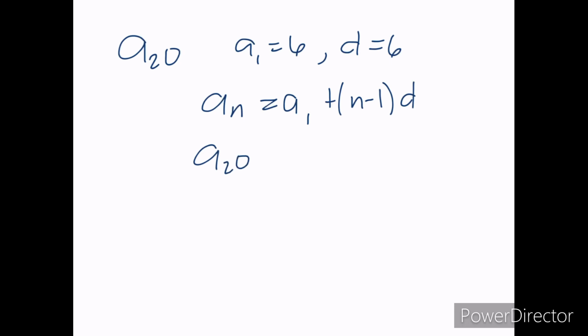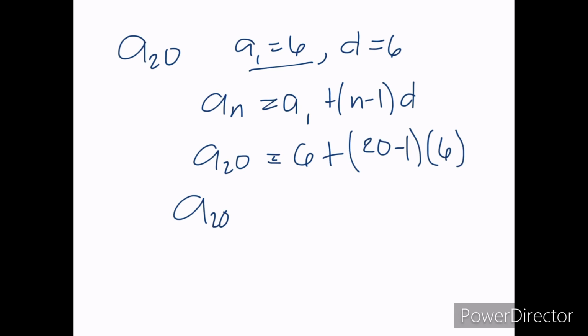So our a sub 20 is equal to, what is the value of our a sub 1? It is 6. 6 plus, what is the value of our n? Our n is 20, because we are looking for the 20th term. Minus 1 times, what is the value of our d, which is 6.